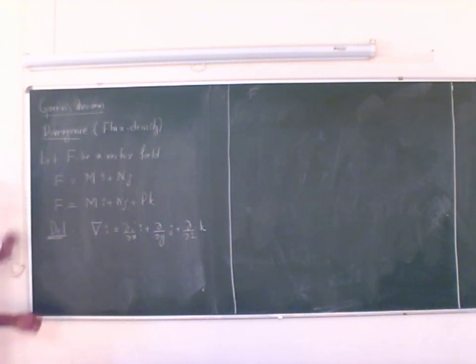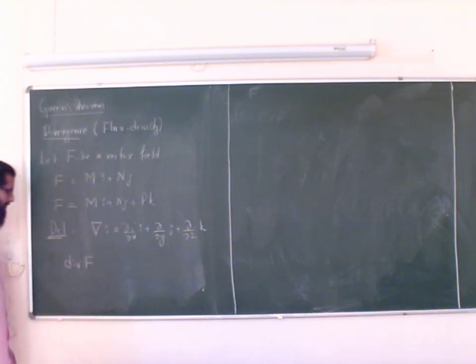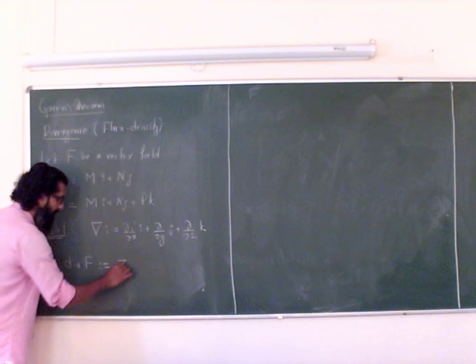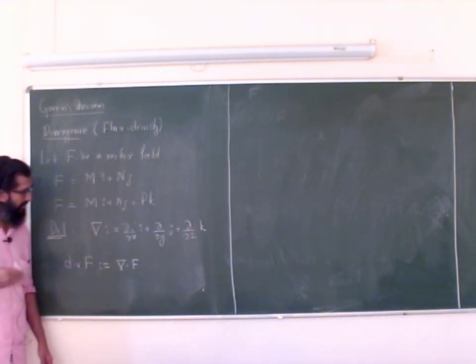And the divergence of F is denoted by this one. You may read it as div F or divergence of F, and I can define it as del dot F. So let me go for the general case.